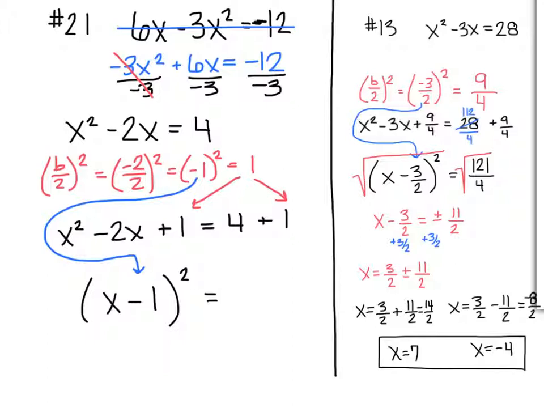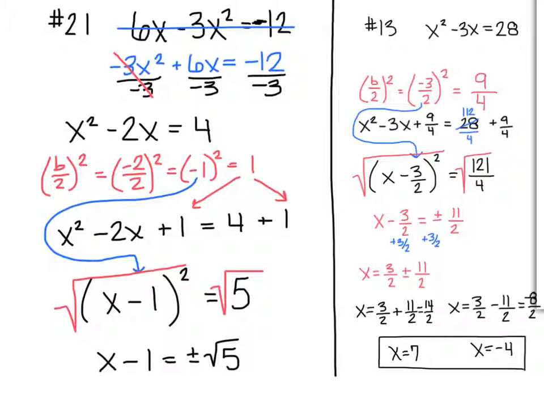And then the right side is 4 plus 1, which is 5. And then square root. The square root and the squared cancel out, you're correct. X minus 1 equals what? Plus or minus square root of 5.